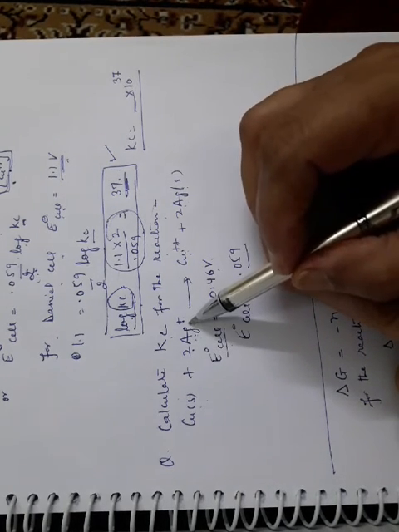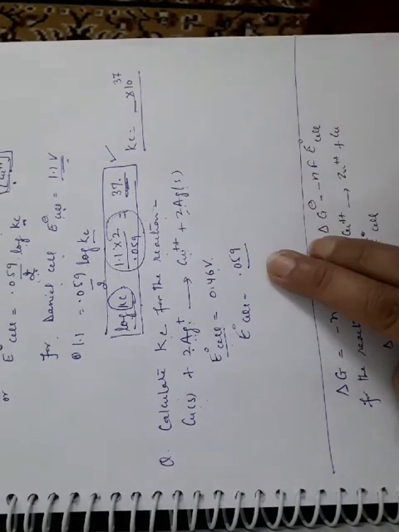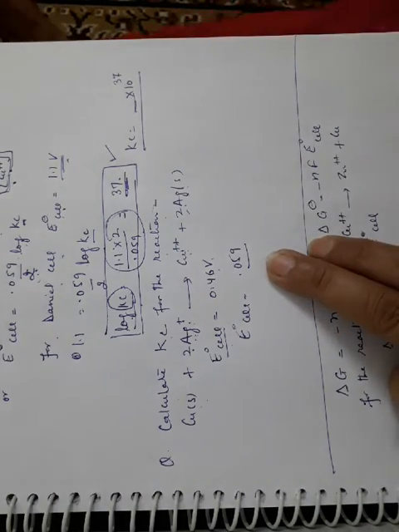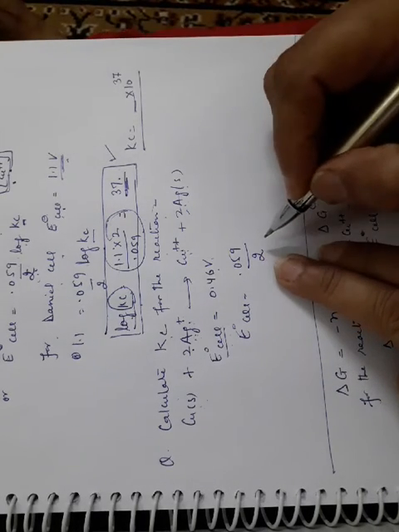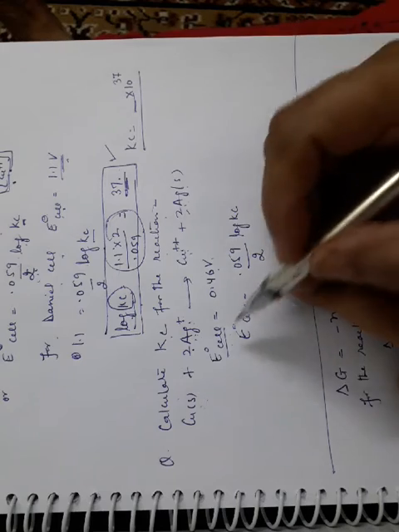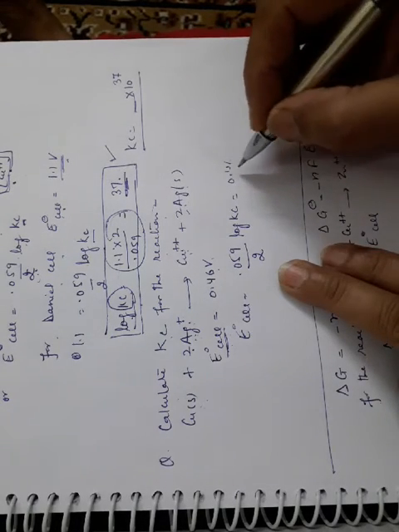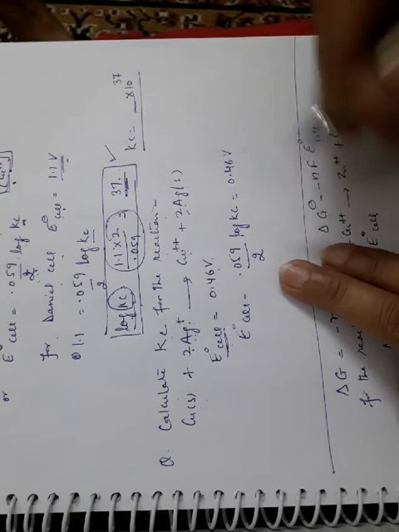So 2 Ag plus plus 2 electrons gives you 2 Ag solid. The total number of electrons transferred here is again 2. So 0.059 upon 2 log Kc. The value of E naught cell is given as 0.46 volt.